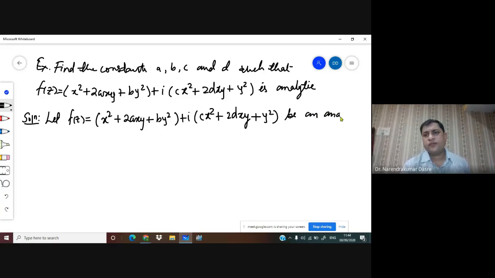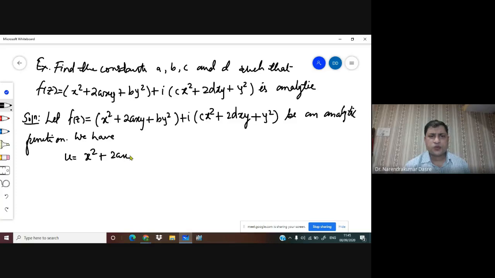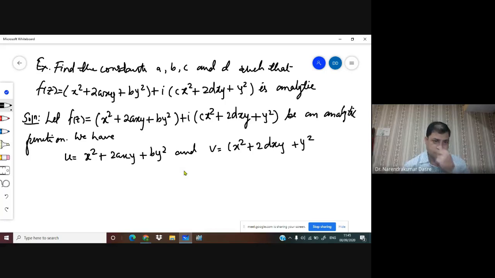Once we say this is going to be an analytic function, then this is going to be u and this is going to be v. So we have u is equal to x square plus 2axy plus by square, and v is equal to cx square plus 2dxy plus y square.